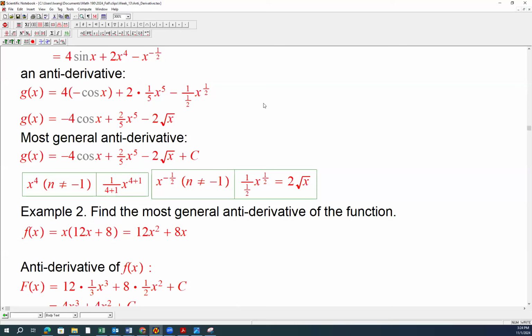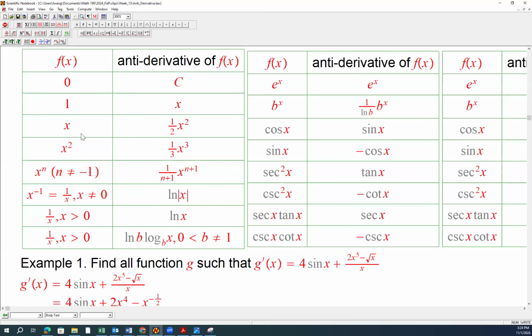In case we need the formula as our reference, I'm going to do a little reorganizing of these formulas. For example, this column here, I can make it a bit narrower. I'm going to call it antiderivative, right?